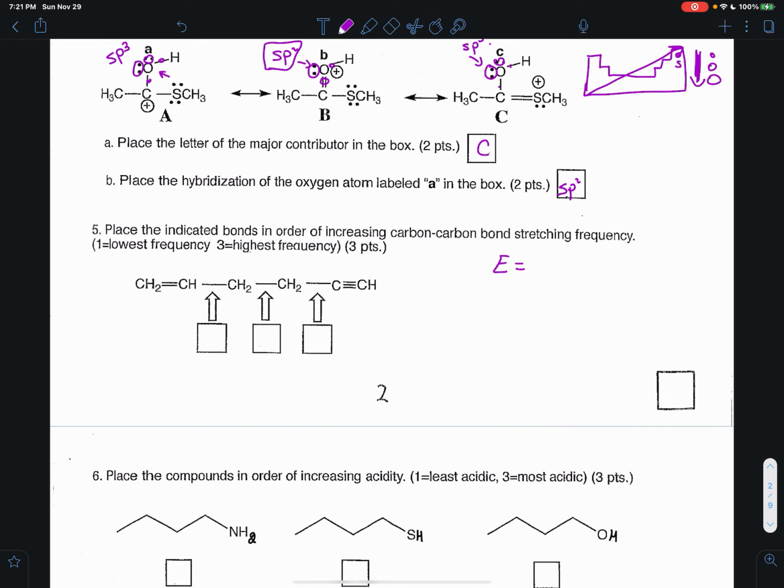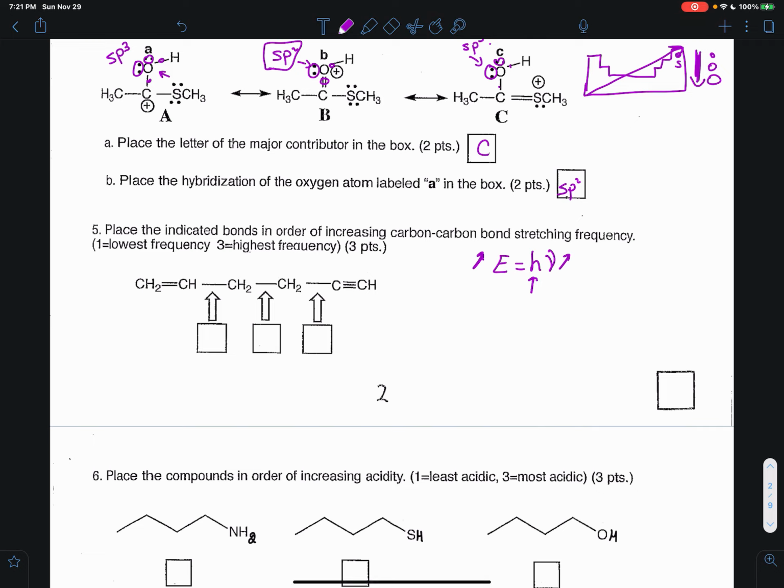That formula is energy is equal to Planck's constant times frequency. Planck's constant is just a constant, 6.67 times 10 to the negative 13, I think, or something like that. I don't remember really. But we know that the energy and the frequency are proportionally related. That means as the energy increases, the frequency increases.